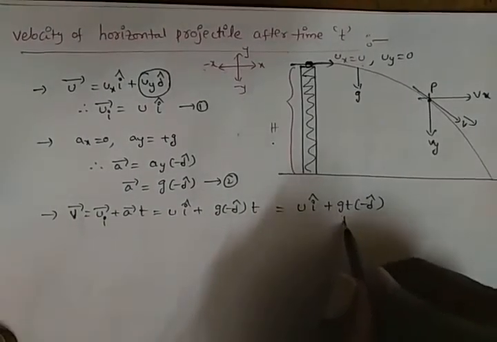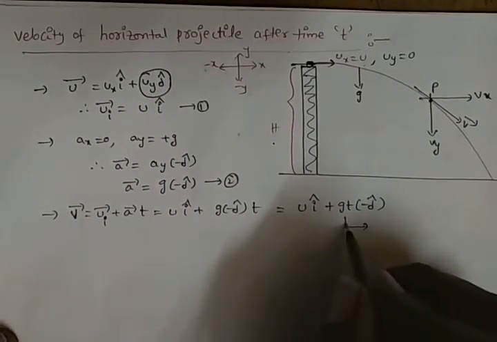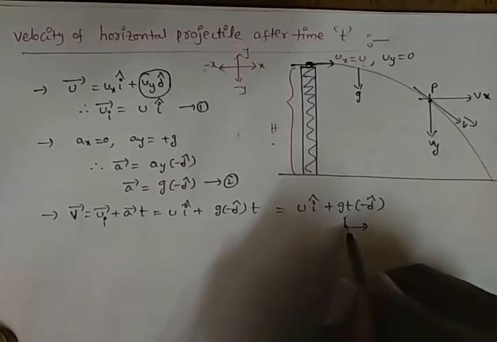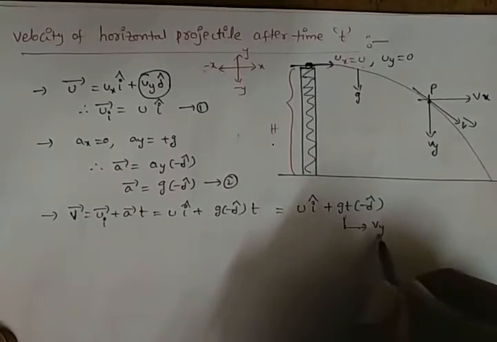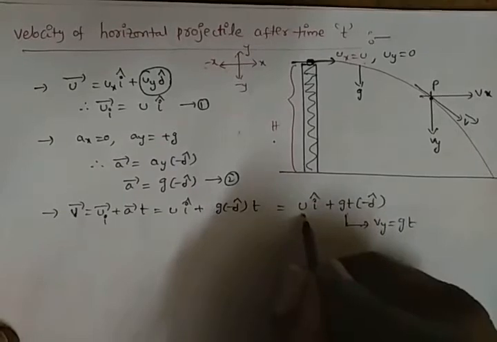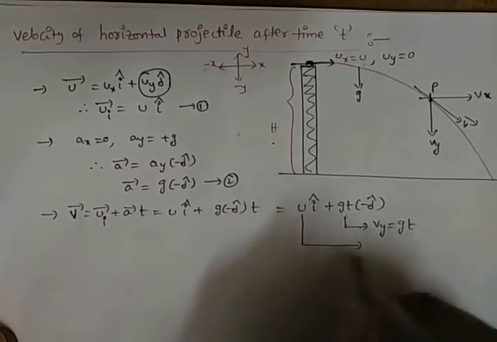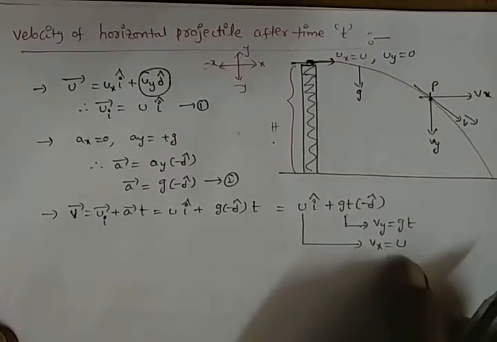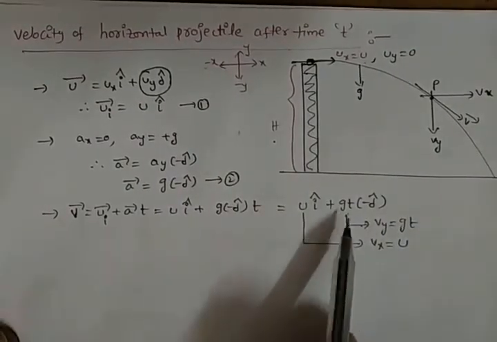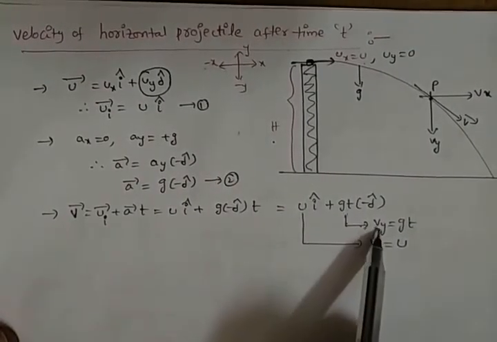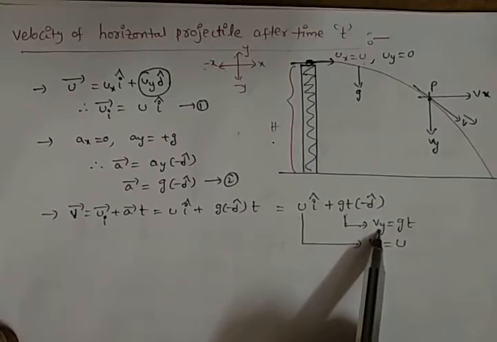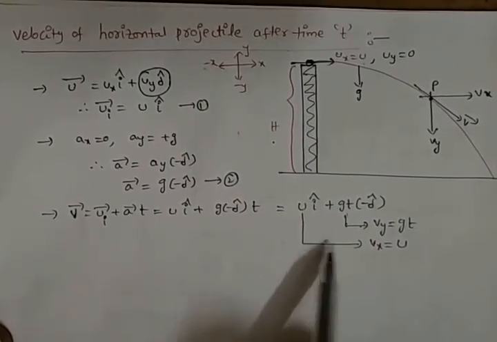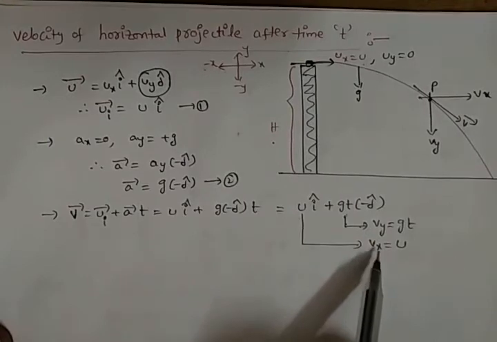So here gt represents the vertical component of velocity after time t. Let this be vy. And u is the horizontal component of velocity after time t. Let this be vx is equal to u. Once again I repeat, gt represents the vertical component of velocity after time t and u represents the horizontal component of velocity after time t.